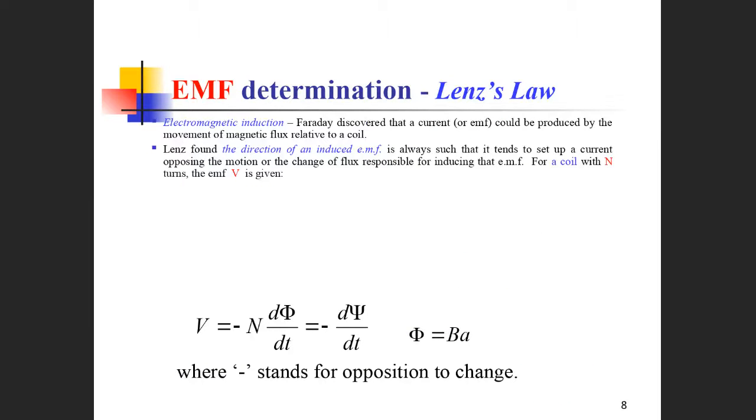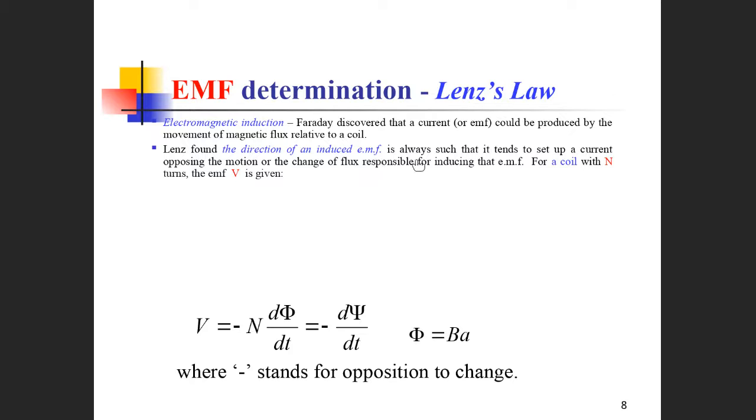The third point is induction. If we put a conductor into a magnetic field, and if there is a relative change between the conductor and the magnetic field, then there is an induced voltage on the conductor.